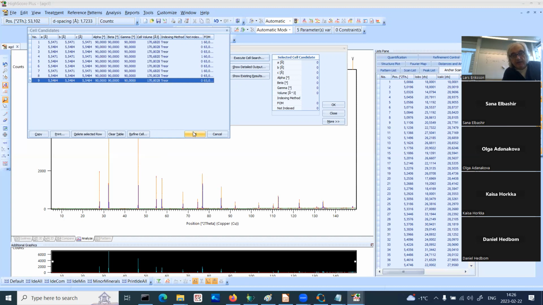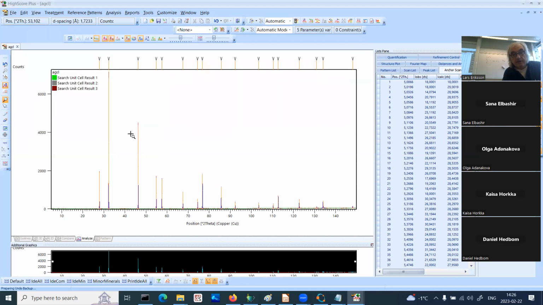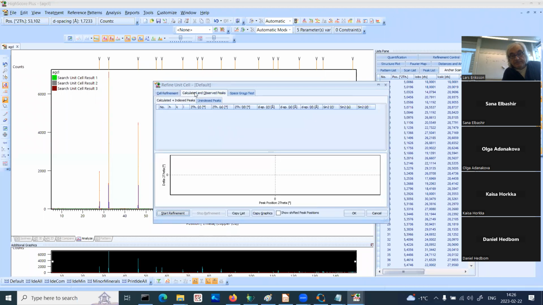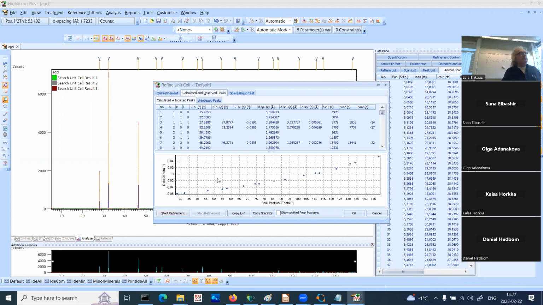Okay, we can go directly to refine cell, by the way. Nothing shown. Oh, maybe you have to click on start refine? Then it comes up.